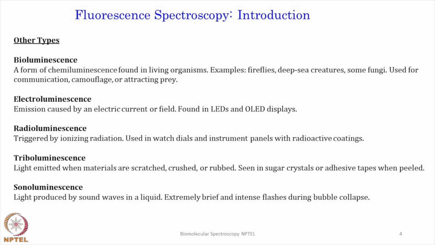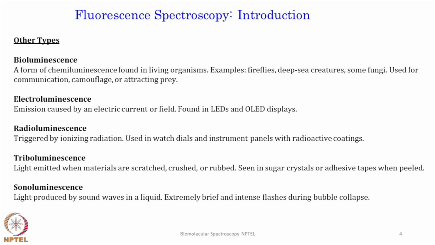Then electroluminescence, it is right there, right? Electric current or field, LED or OLED. What is OLED? LED is light emitting diode. OLED, organic light emitting diode. Nowadays smooth flat TVs have come, that consist of these.